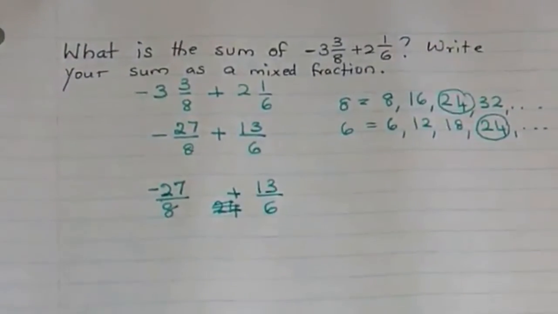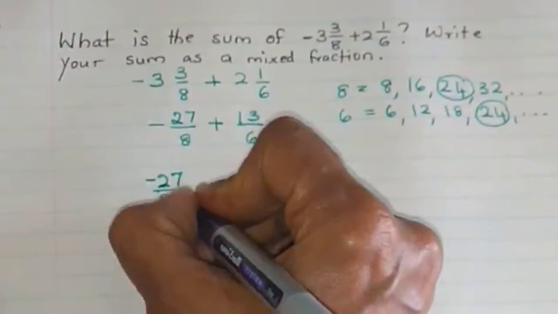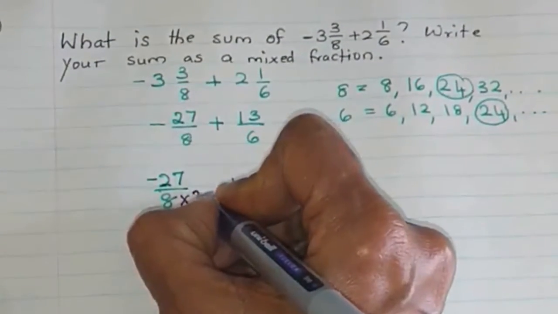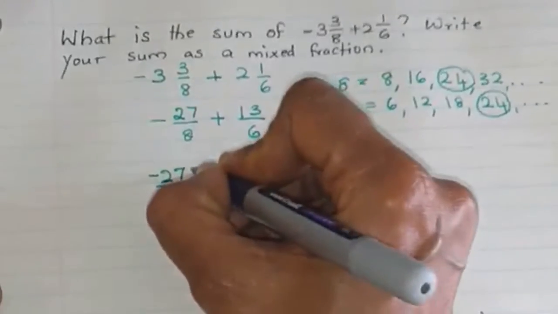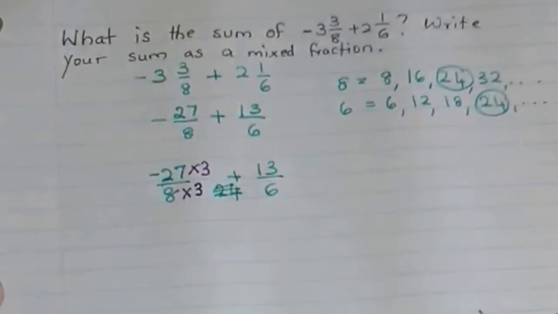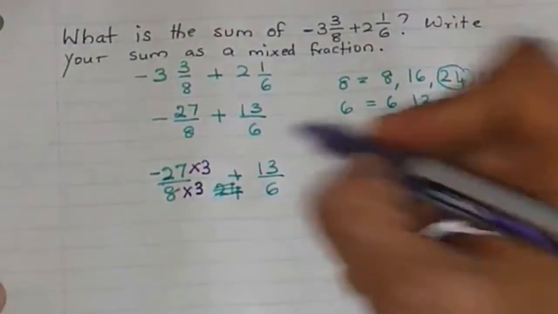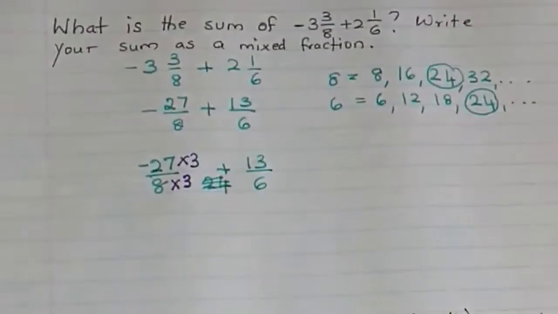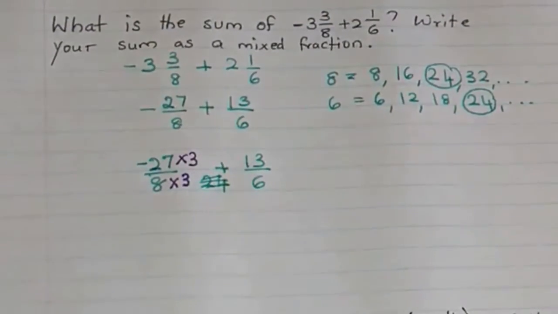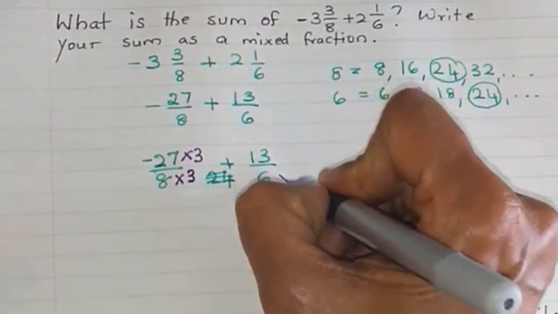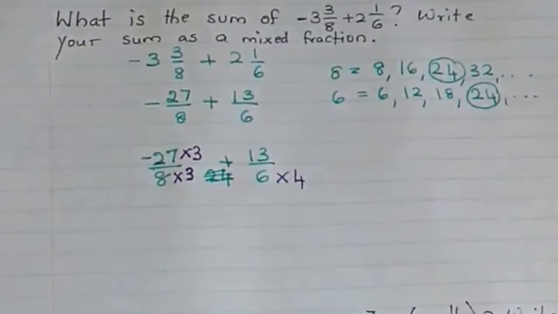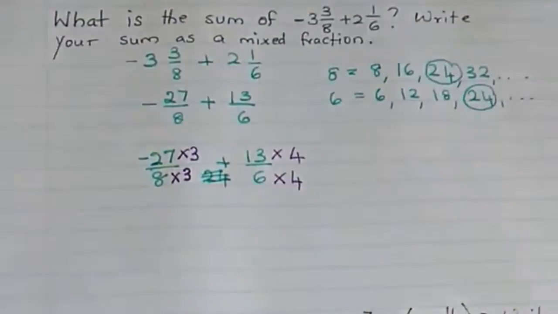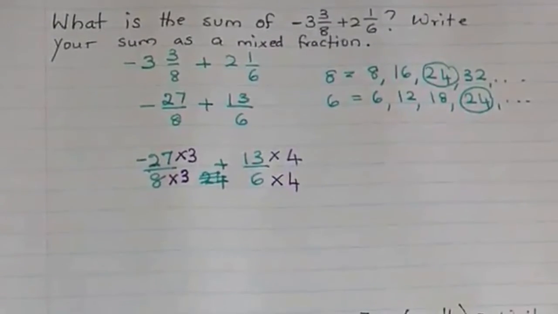So now I'm going to change the 8 so that it becomes 24. So I have to multiply by 3. I have to do the same thing for the numerator. I cannot just make a change in the denominator. So I have to make the same changes in the numerator and the denominator. To make a 6 into 24, I'm going to multiply that by 4. Do the same thing for the numerator so that I'm not changing the fraction.